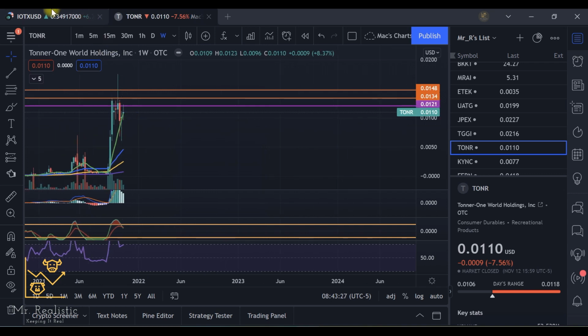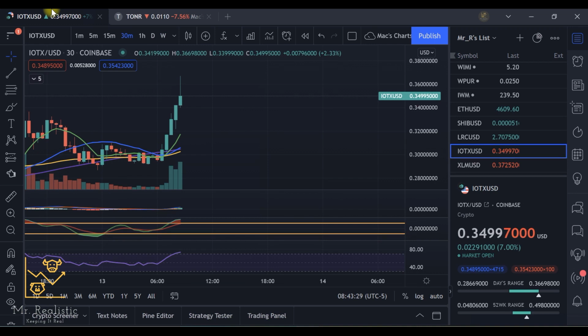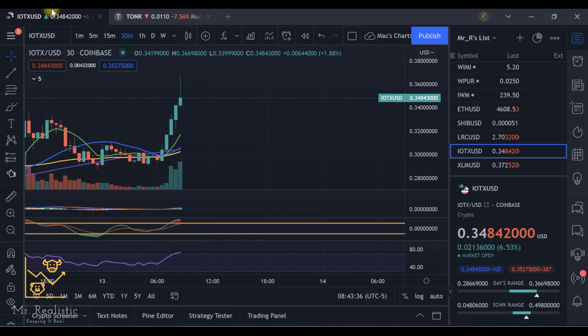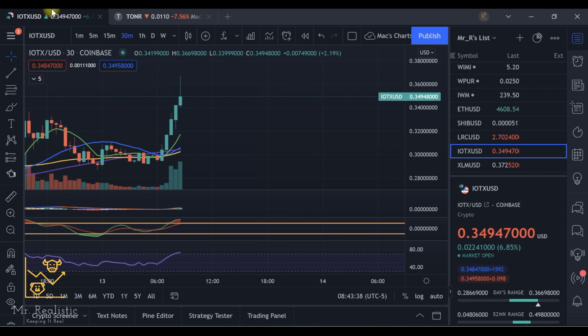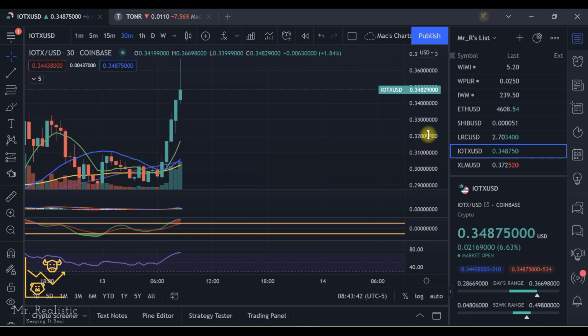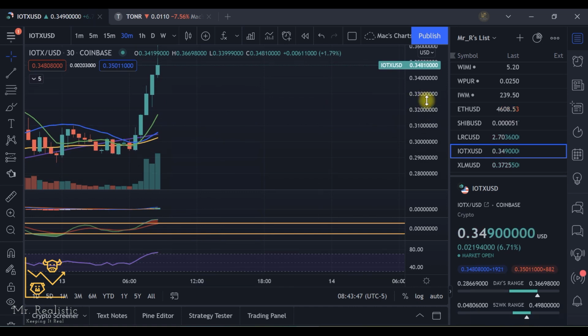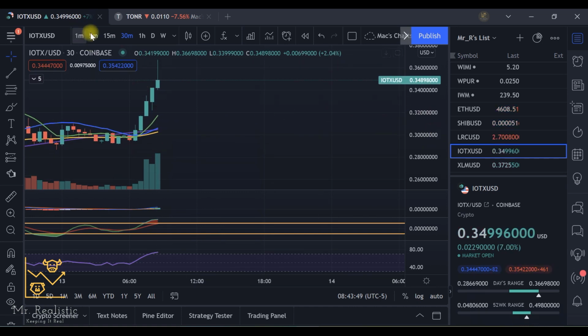All right, so let's go back to IOTX, just take a little peek in. It's got a couple more minutes till the 30-minute really makes that crossing. Let's see here. Looks like we're building the step in between.